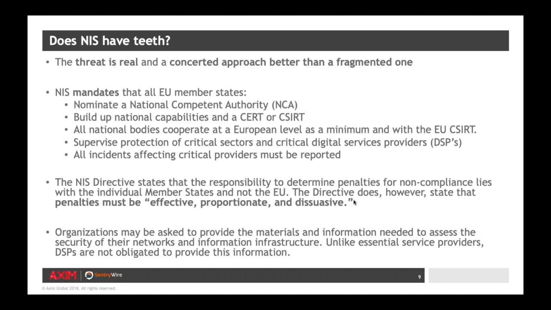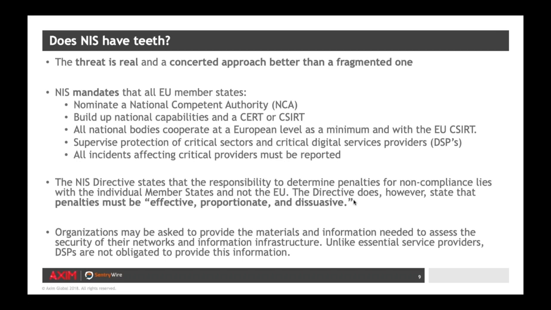But nevertheless, it does state that penalties, if they are issued, must be effective, proportionate, and dissuasive, which clearly means that we can expect those penalties, if they are applied, to be quite substantial, given the fact that the organizations that are affected and have to comply with the NIS regulation are generally quite large organizations as well.